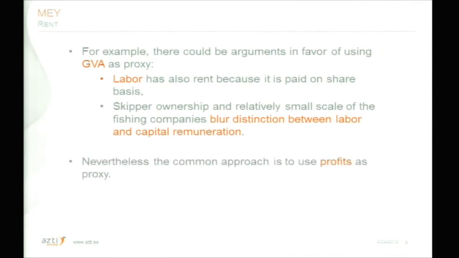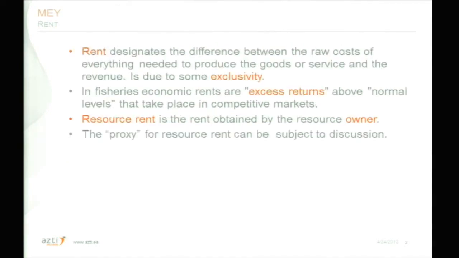Nevertheless, the common approach in order to proxy what we call rent is to use profits. And the proxy that we use as economists for resource rent is under some kind of discussion nowadays.